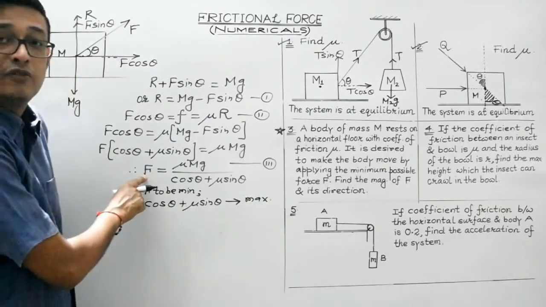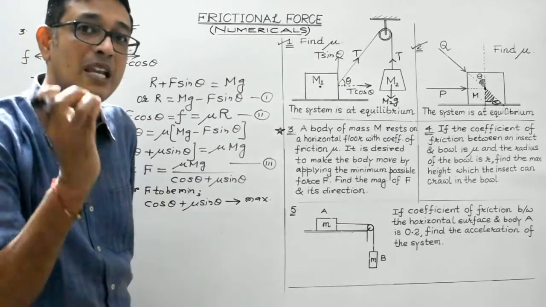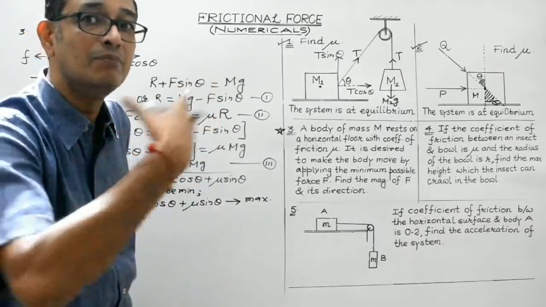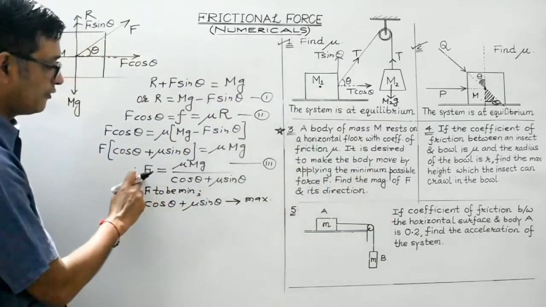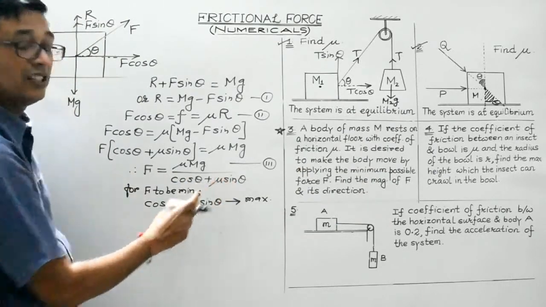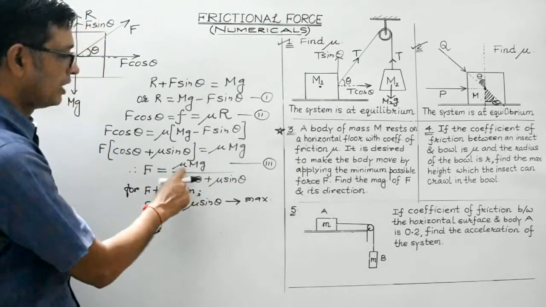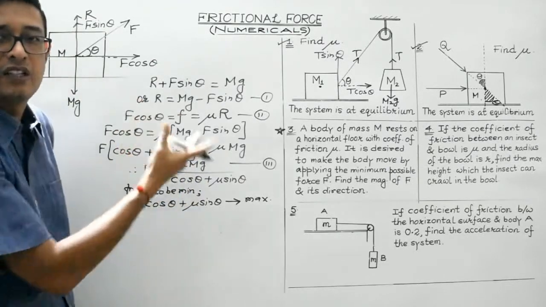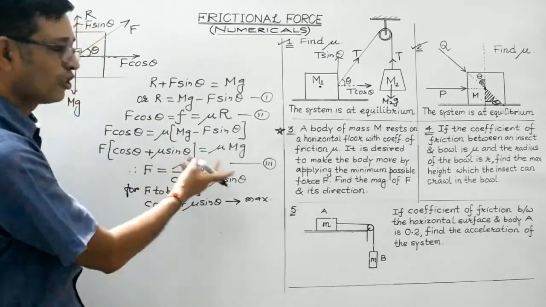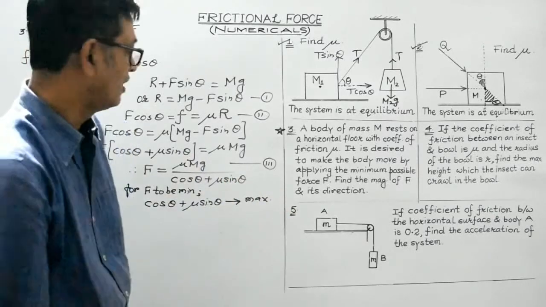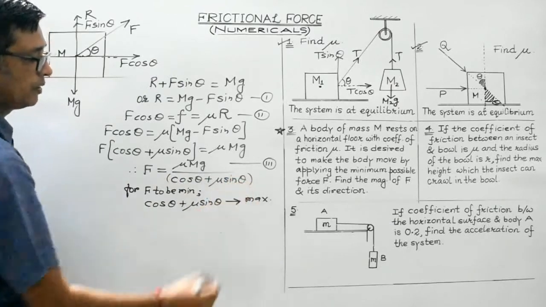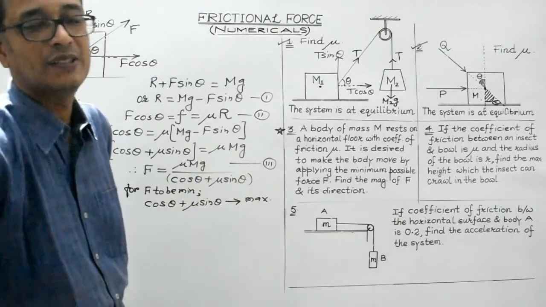So, we need to find out the expression for the minimum force that needs to be applied to the block so as to make it move, isn't it? Now for F to be minimum, this denominator needs to be maximum. Numerator is constant, isn't it? Mu is the coefficient of static friction, which for given two surfaces is constant. M is constant, g at a given place is constant. So for F to be minimum, the denominator, that is cos theta plus mu sin theta, must be maximum.